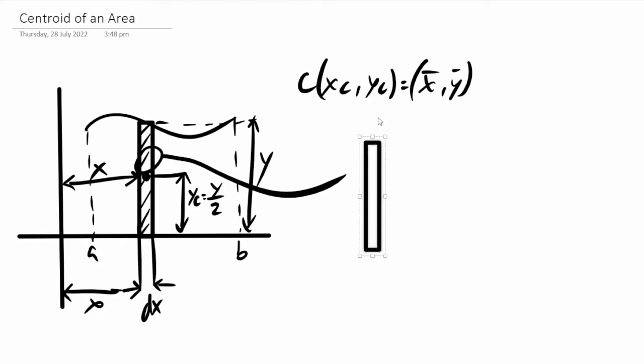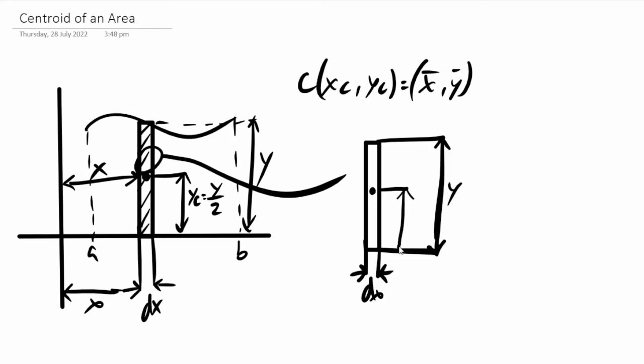This is our strip, and the width of the strip is our dx, as you can see, and from the top to the bottom of the strip is our y, and since the center is at the center, it is y over 2, right? And that is what we're looking for.